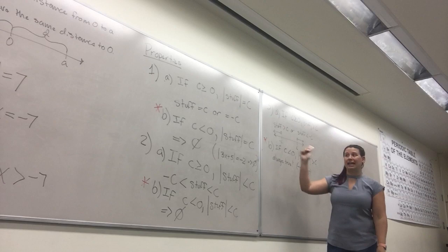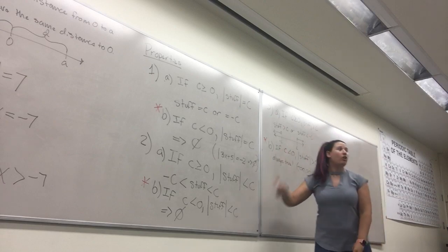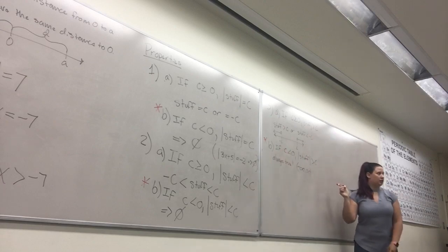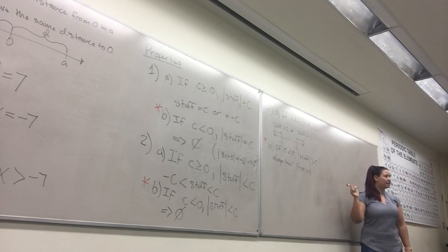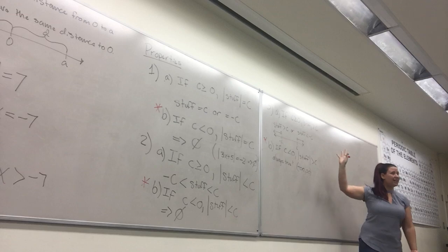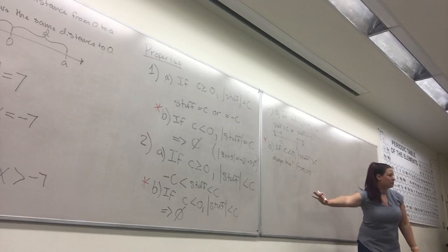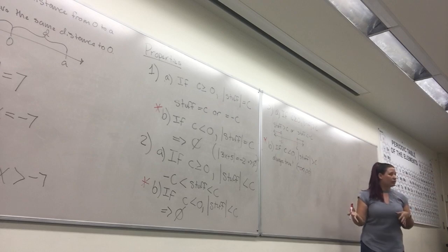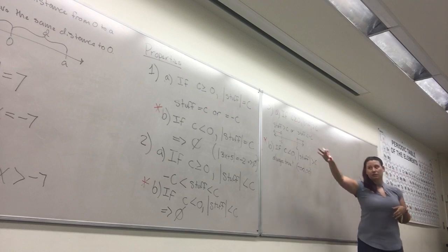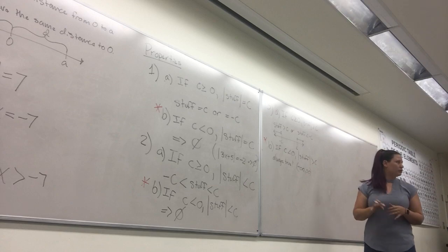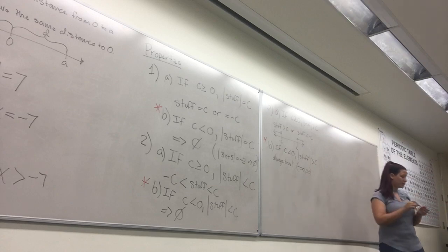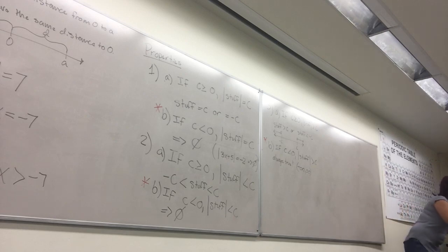It either can't equal it, can't be less than it, or is always bigger than it. Does that make sense? The other parts of it, I really could care less if you remember them, because we'll have other ways of figuring it out. The ones dealing with the negative numbers are the important parts. Just so you don't have to spend time on those problems, it would be good to remember them.